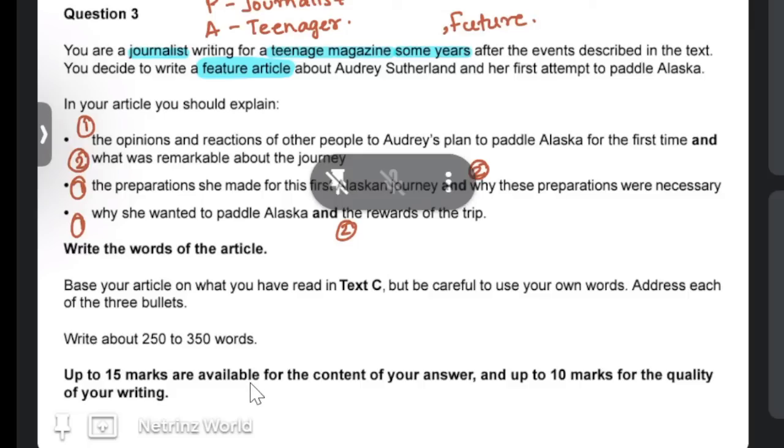Base your article on what you have read only in text C. You will be given text A and B as well for the other questions, but this particular question is focused only on text C. So please do not use ideas from text A or text B just because you have read them. Please focus only and only on text C. But be careful to use your own words.